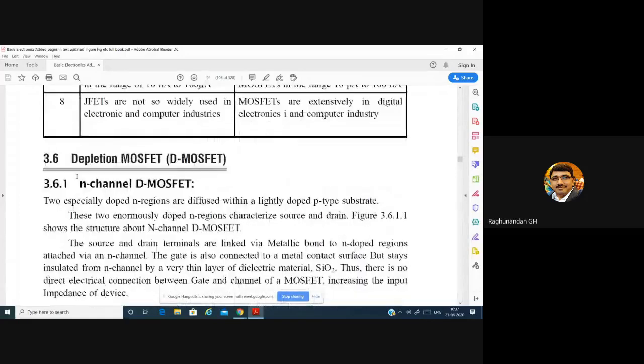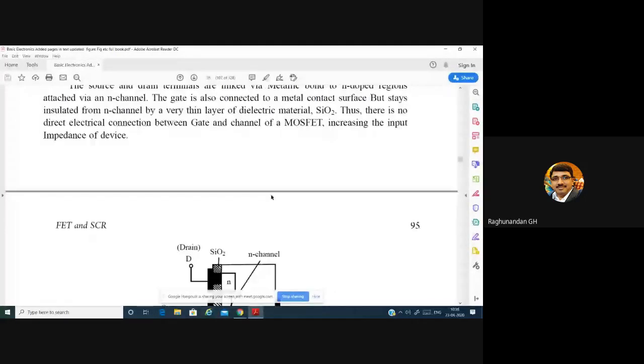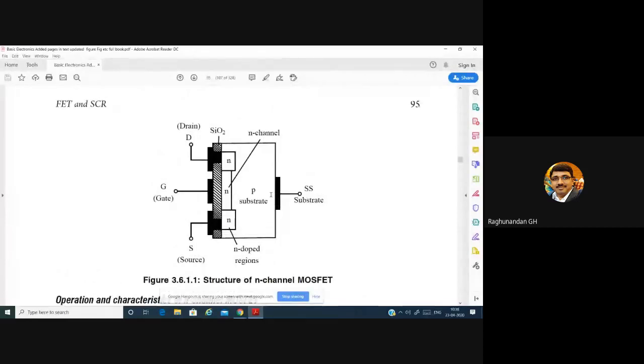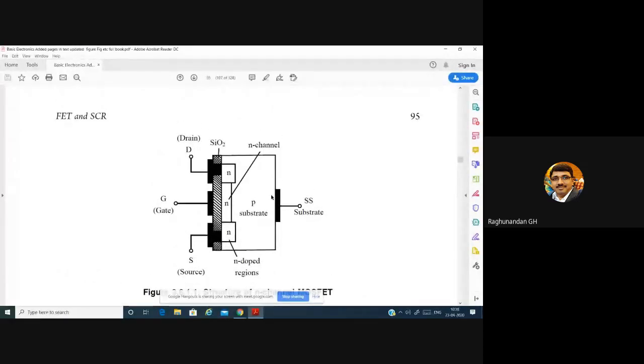Depletion MOSFET, that is D MOSFET. In the depletion MOSFET, we are going to first study the N channel D MOSFET. So in the N channel D MOSFET, the construction is like this. As I told, they will take a substrate, a separate layer, a separate base.